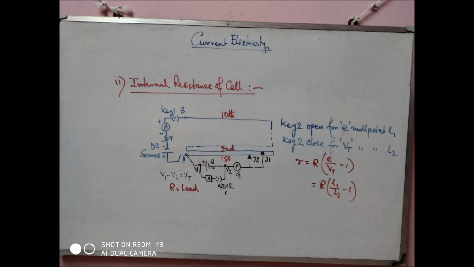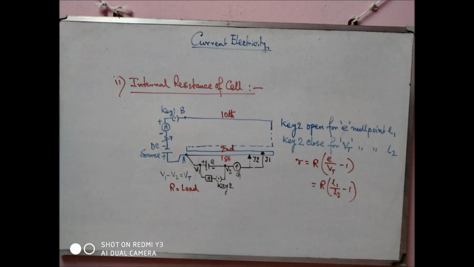Now the last part of the class: how to measure the internal resistance of a cell using a potentiometer. See, the connection is almost the same, because on the left side between A and B, the connection is exactly as in the previous one. The same DC source, the same rheostat, the same ammeter, the key K1, all exactly the same. The only difference is the lower part.